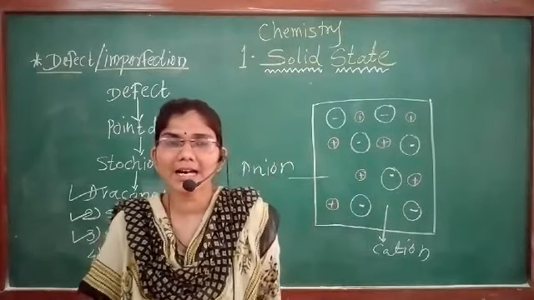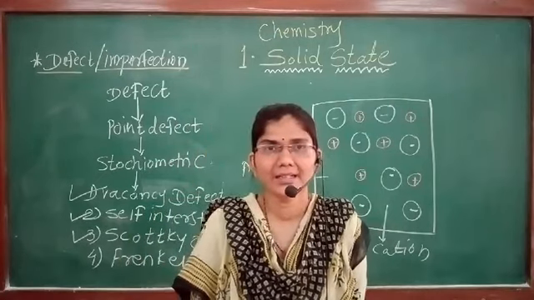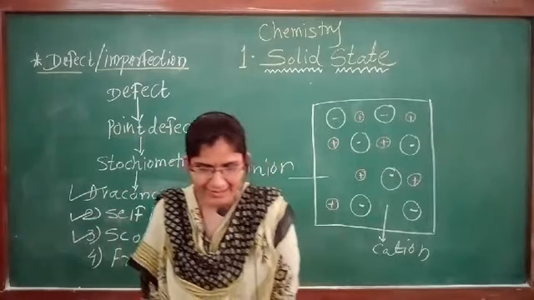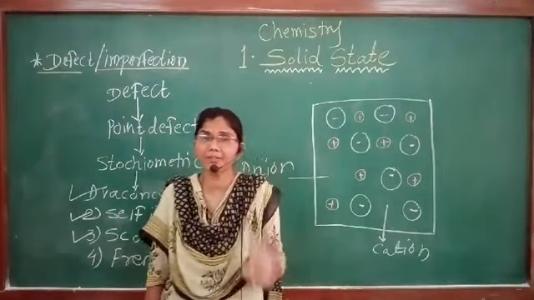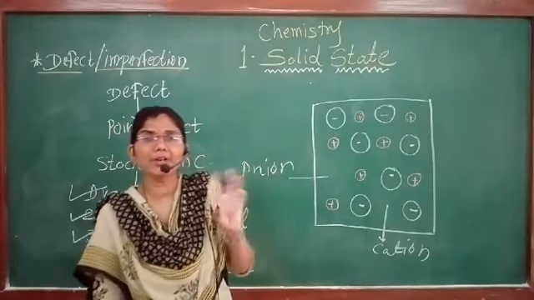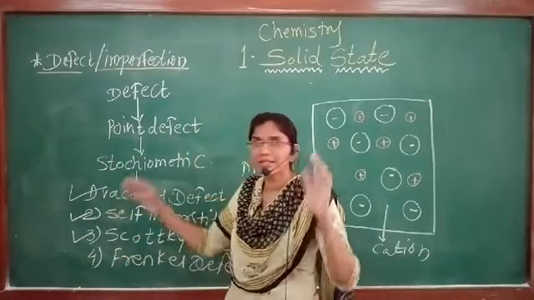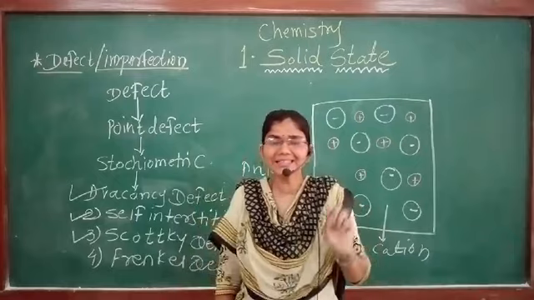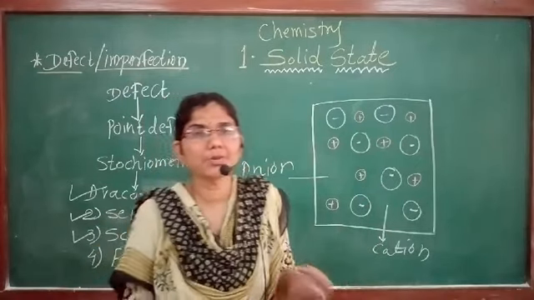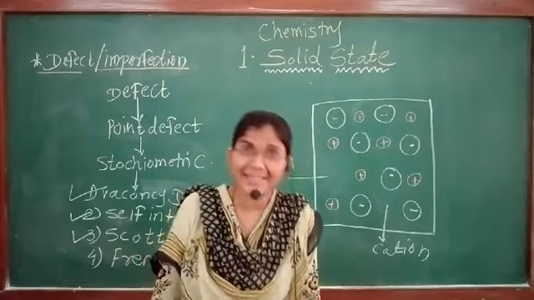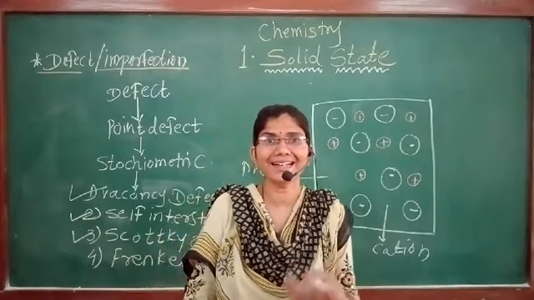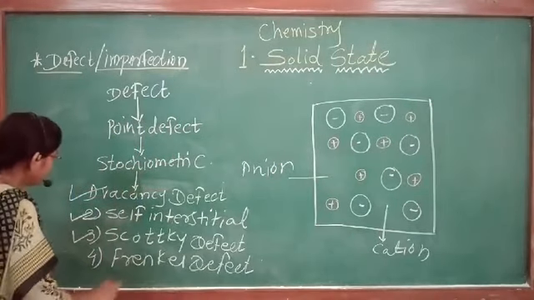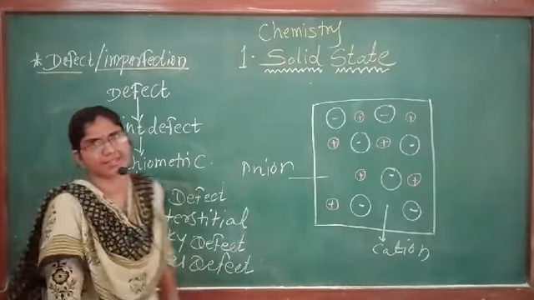Here holes are created, and always remember that in this defect, such a pair of cation and anion vacancies is a vacancy defect, but here we consider the ionic solid. In this ionic solid, the vacancy is produced due to the missing of cation and anion, and that anionic and cationic vacancy is called a Schottky defect.